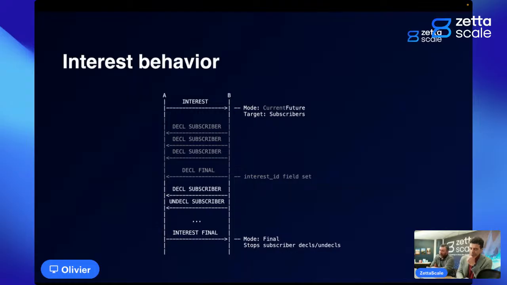So node A here sends an interest for subscribers to node B. Node B sends back all the subscriptions that are currently known matching this interest, and the declare final to tell node A, okay, now you know everything that you have to know for now. And so node A can start doing writer-side filtering from this declare final, because it has the full view of the current state.